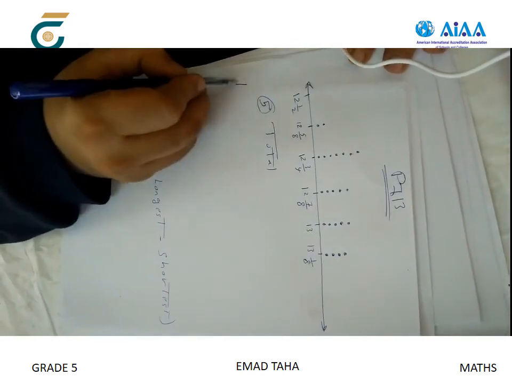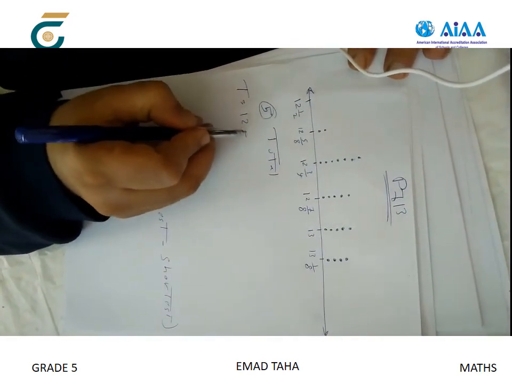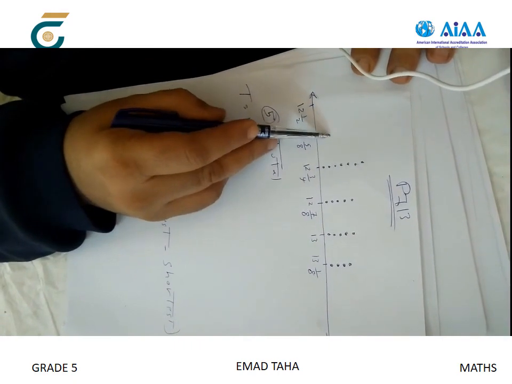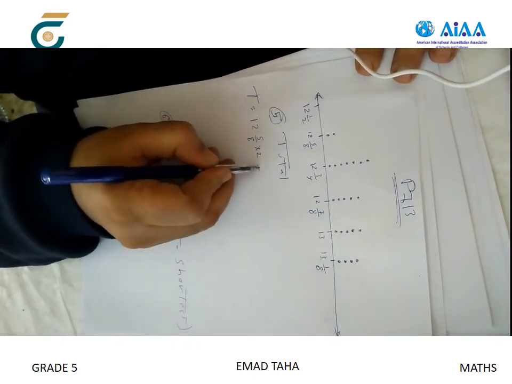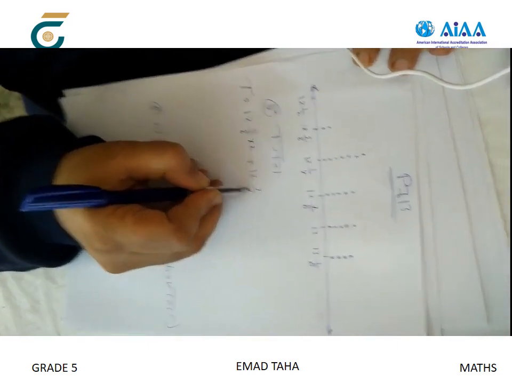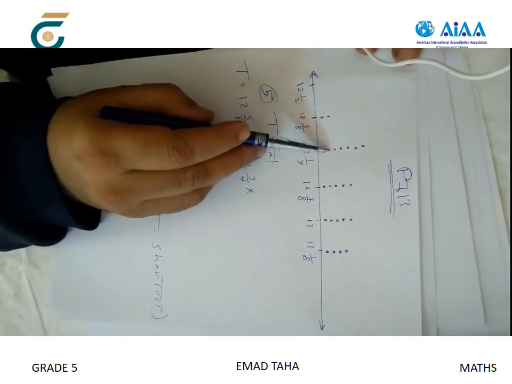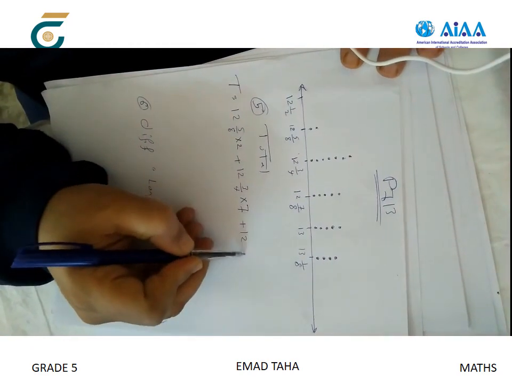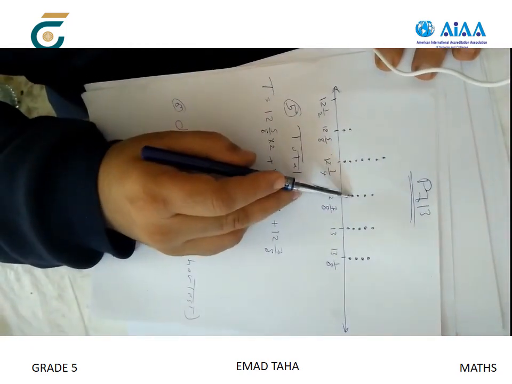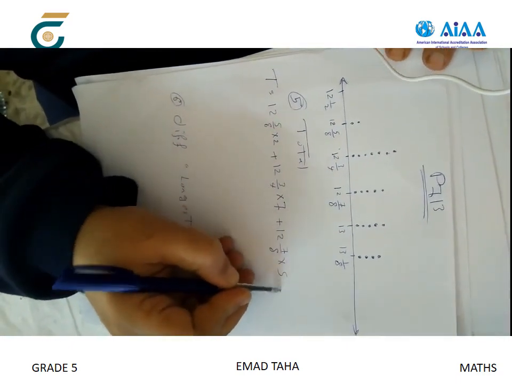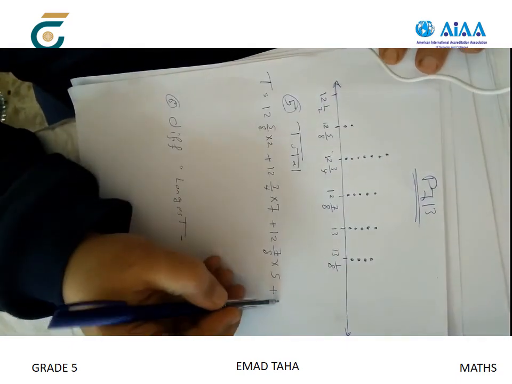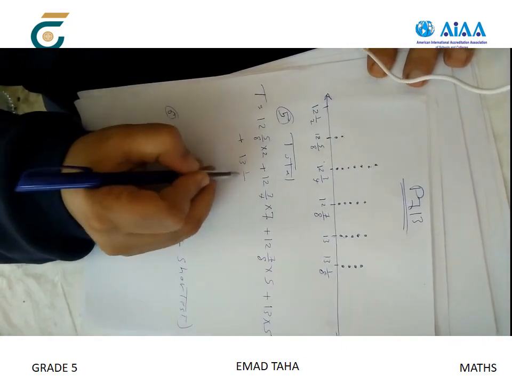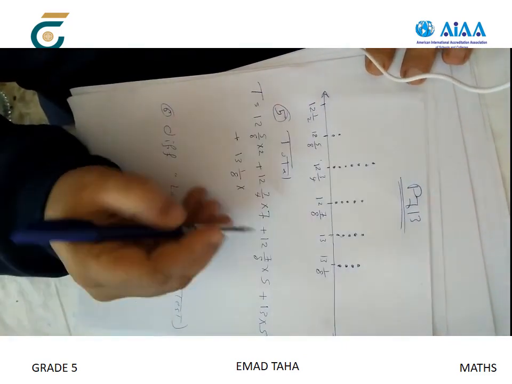Here we have total equals 12 and 5/8, we multiply by 2 because there are 2 dots, plus 12 and 3/4 multiplied by how many dots? 1, 2, 3, 4, 5, 6, 7, multiplied by 7, plus 12 and 7/8 multiplied by 5 dots, plus 13 multiplied by how many dots? 5, plus 13 and 1/8 multiplied by 4.